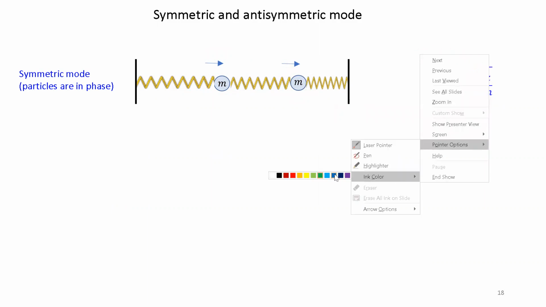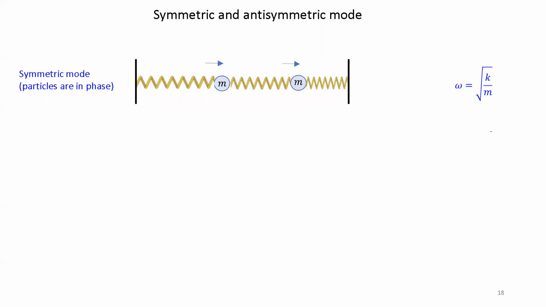You may still remember that this is exactly what happened for just one mass, one spring, the simple oscillator case. And it so happens that even when we have these coupled oscillators, as long as this is in the so-called symmetric mode, the frequency is still just this simple.